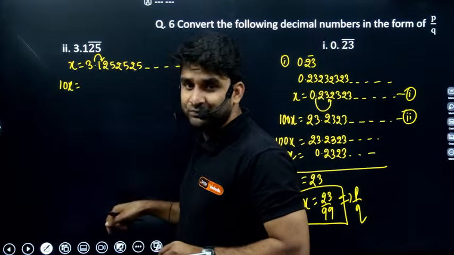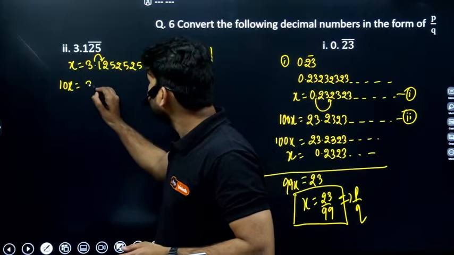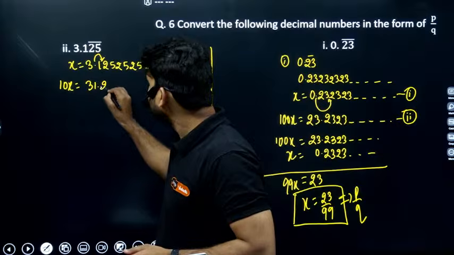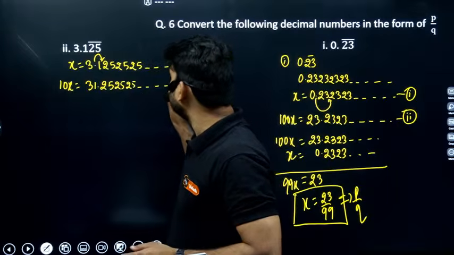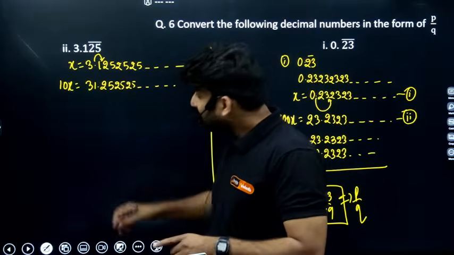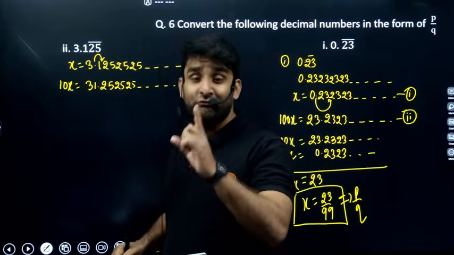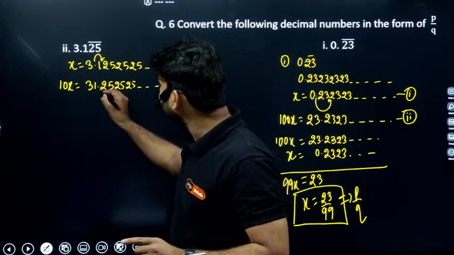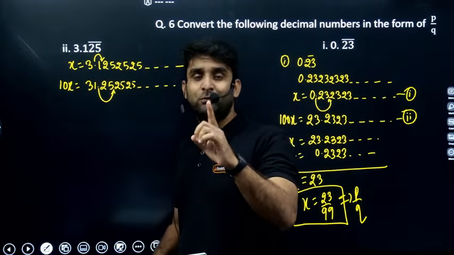So 10x, and this decimal will go there. So this has to become 31.252525 and so on. Our target is not fulfilled yet. Our target is that this decimal should go behind the first block of repetition.